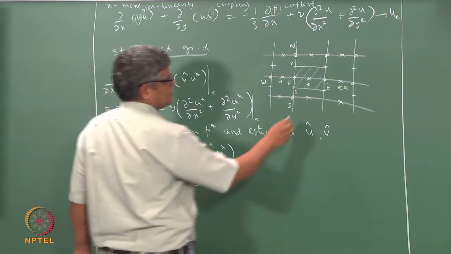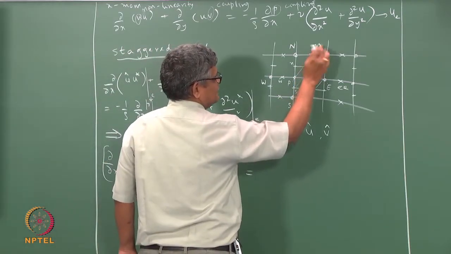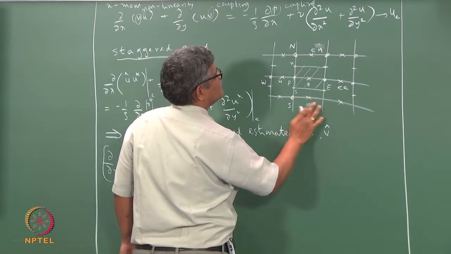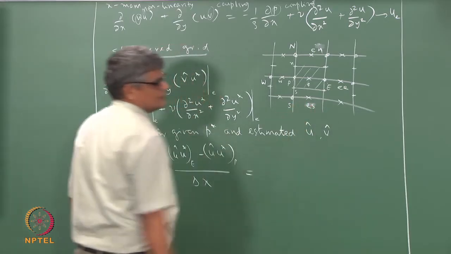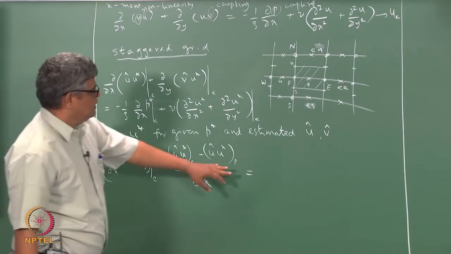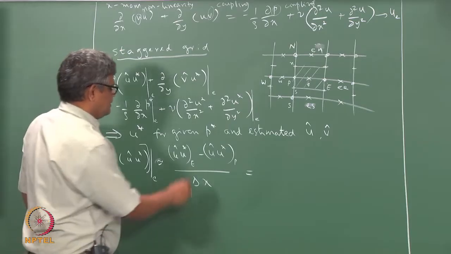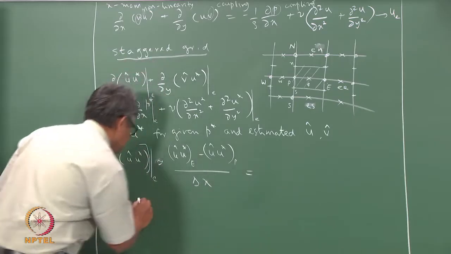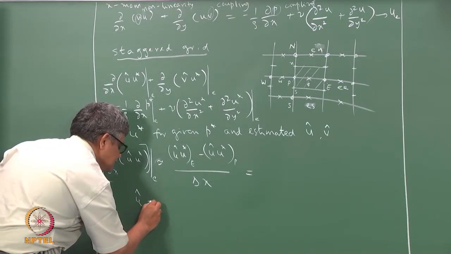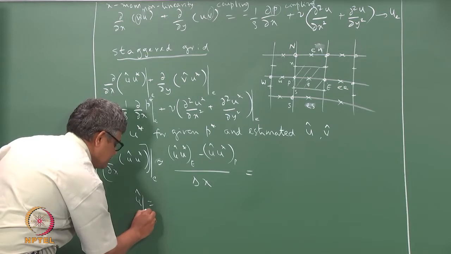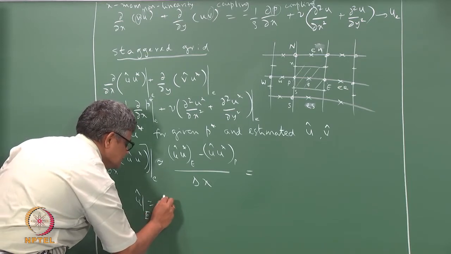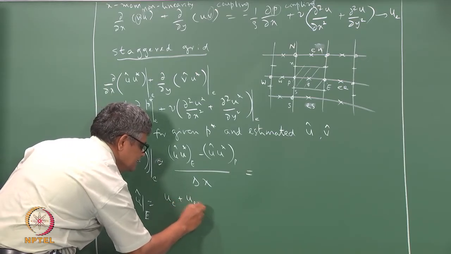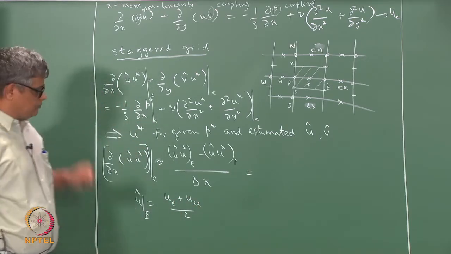Similarly we can put this as EN, and this as ES. By denoting it like this we can write u hat at capital E as (UE plus UEE) divided by 2.